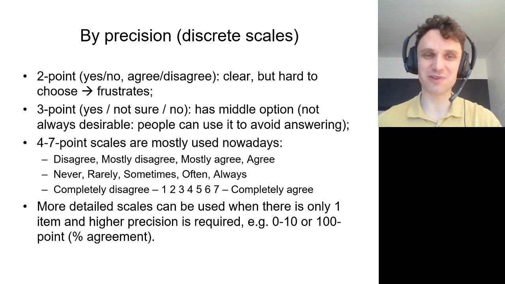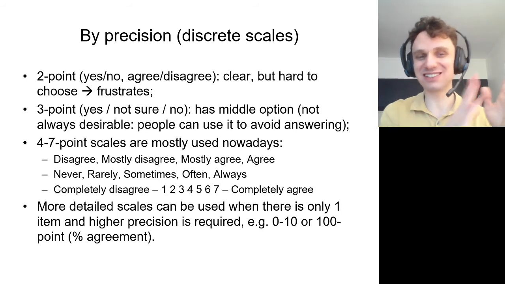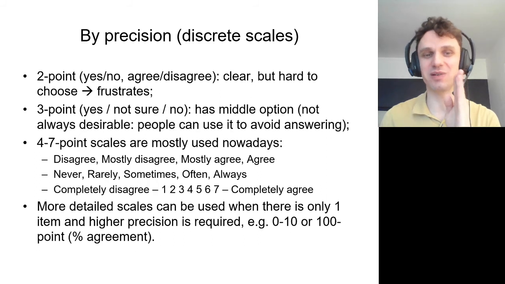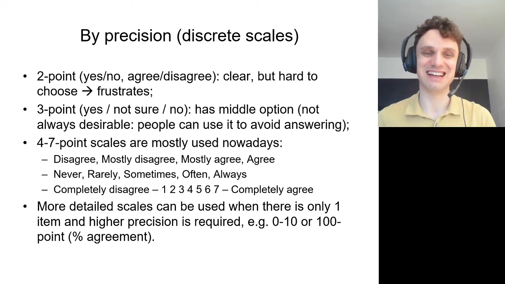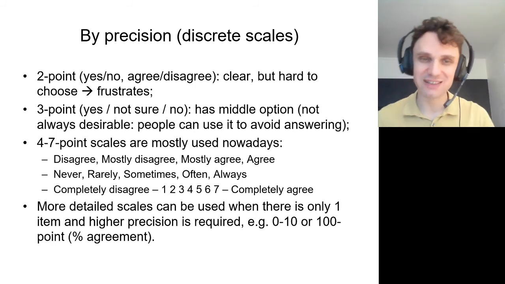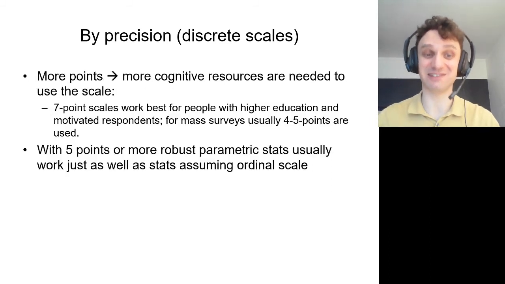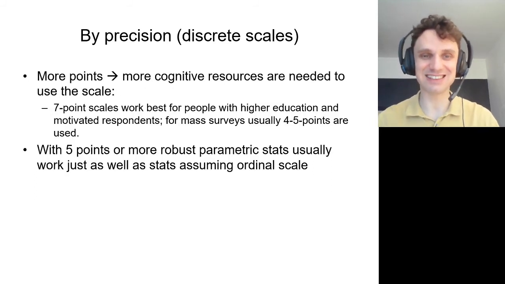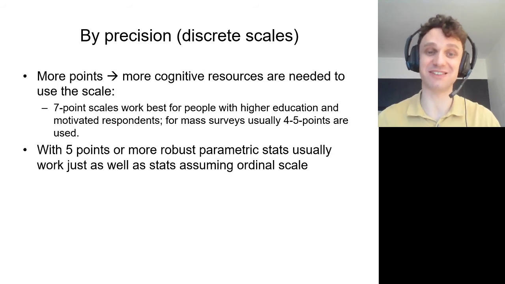You can never prove that the difference between disagree and mostly disagree is the same as the difference between mostly disagree and mostly agree. But if you have 5, 6, or 7 such categories, you can kind of ignore this fact, put it under the carpet, and pretend that it's interval. At least your parametric stats will not be biased very much.